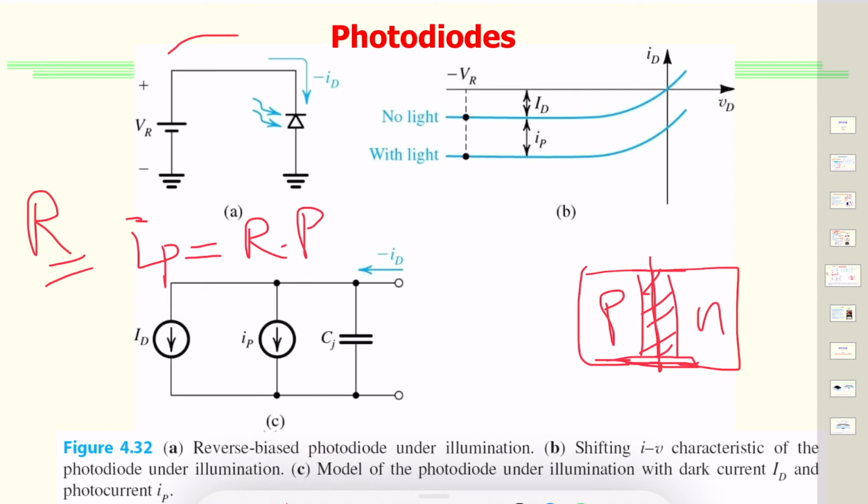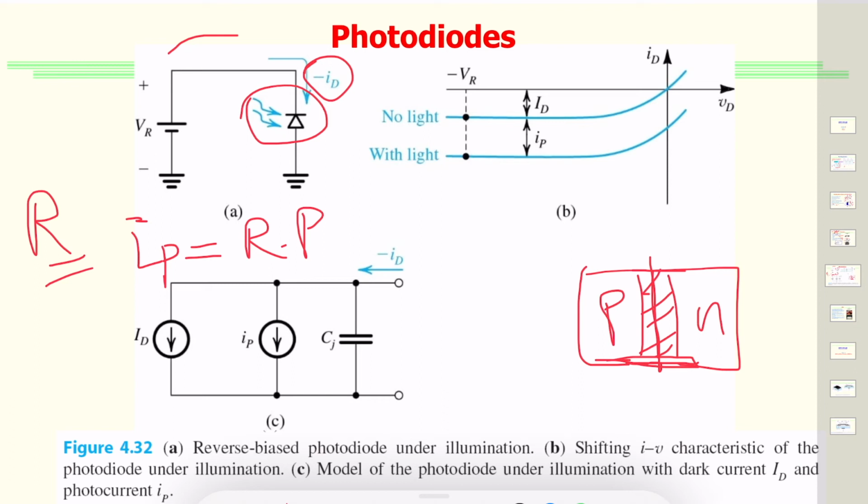Now, this is the symbol of a photodiode, and there are a few things we need to see here. When there's no light, there is still some conductivity, some leakage current, and we call that dark current. ID is the dark current, and the minus sign is because it's happening in reverse bias. In the absence of light, this is just like a normal diode.